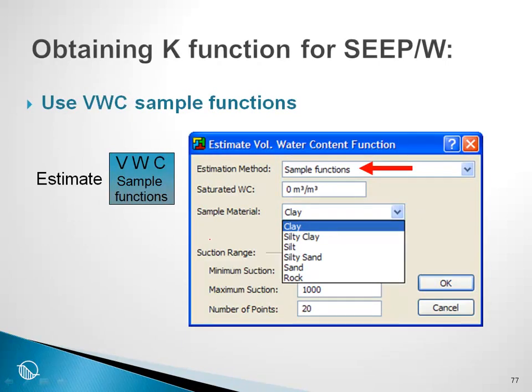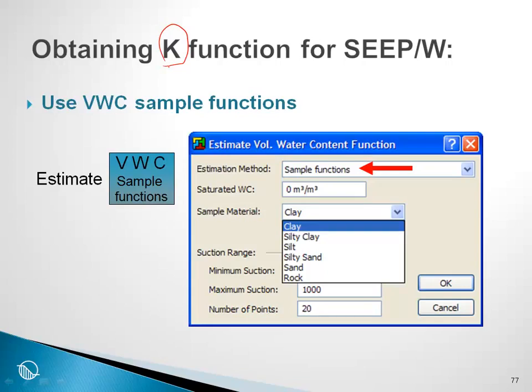Now, in almost 100% of the cases, the conductivity function, the K function, is determined from the volumetric water content function. At the start of SEEP-W session 1, we noted that the hydraulic conductivity function takes its shape from the volumetric water content function.